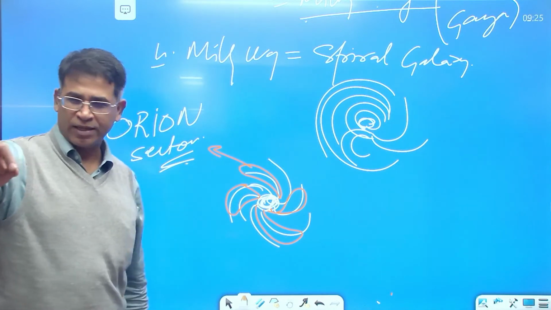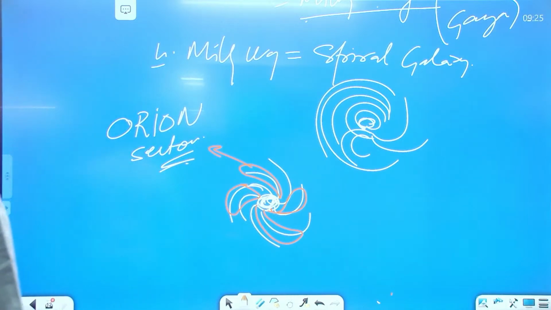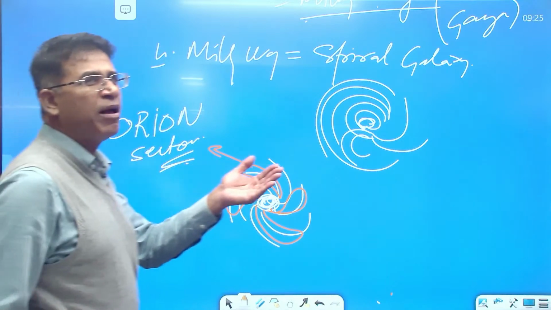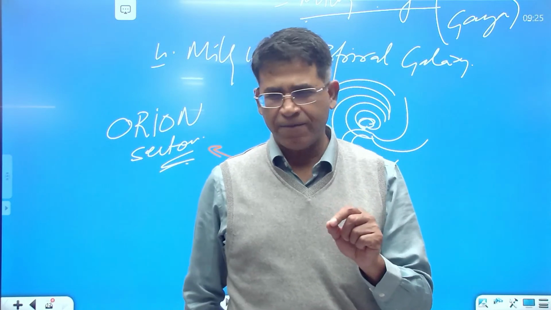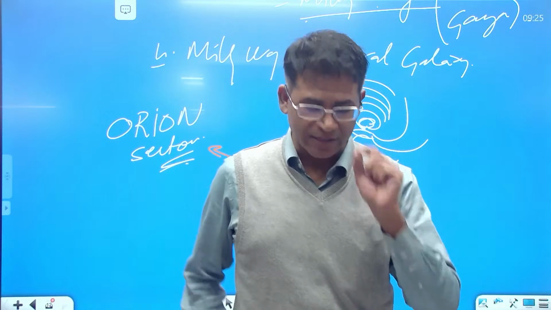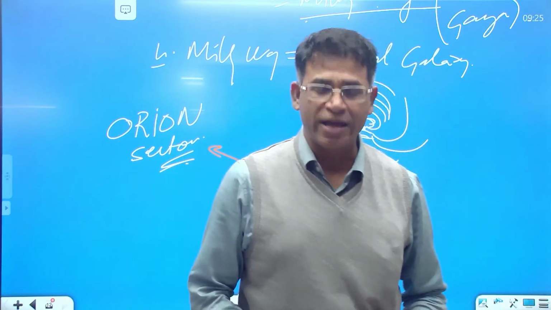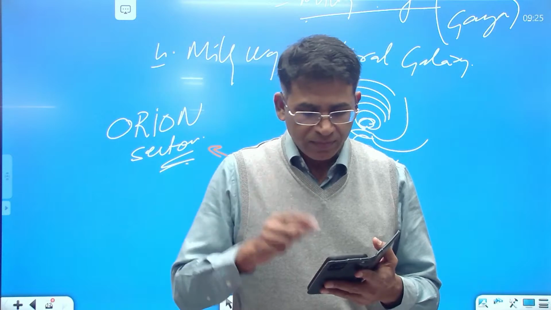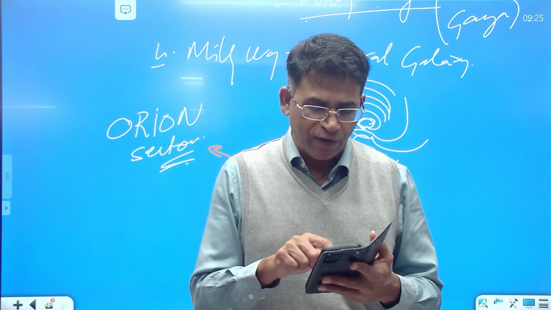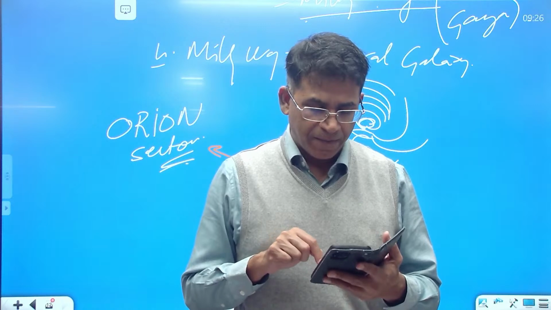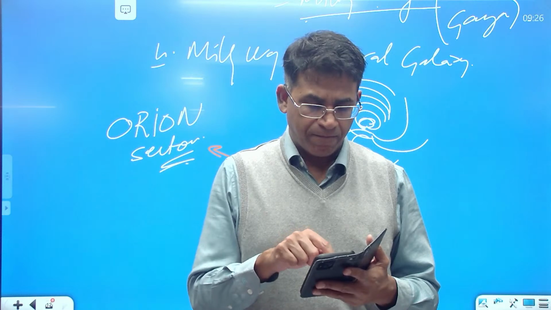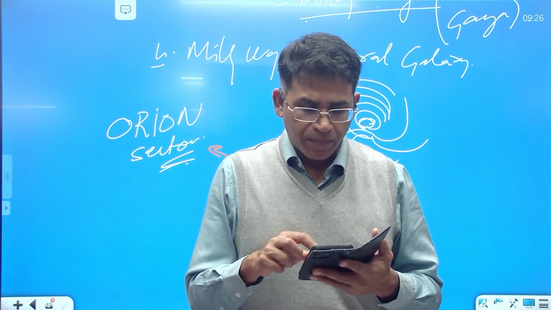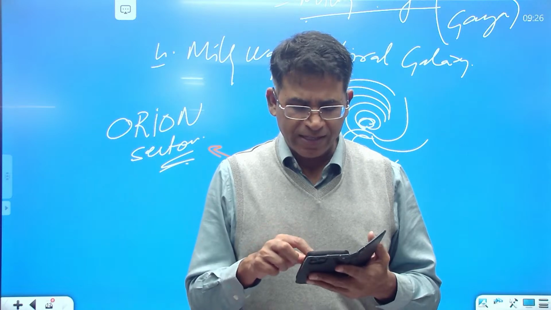Just know this, that our solar system is on the edge of the Milky Way galaxy, in the Orion sector. So I kept a photograph of that. I wanted you to see it. It's there on the internet.